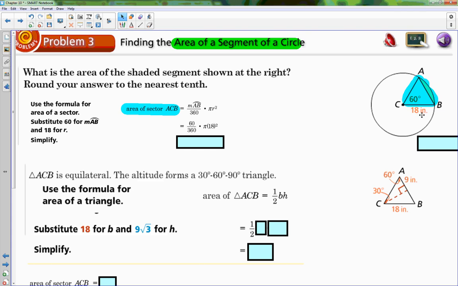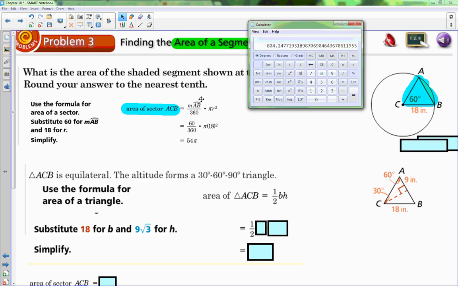Our radius is 18. We chug, chug, chug. This is 1/6 times 18 squared. And if you guys want to see how to do that in the calculator, you go 60 divided by 360 times 18 squared equals 54. And then the pi just hangs.